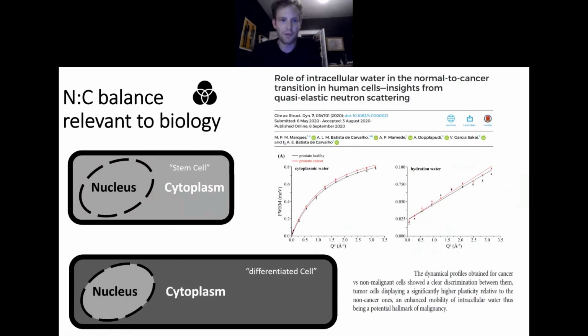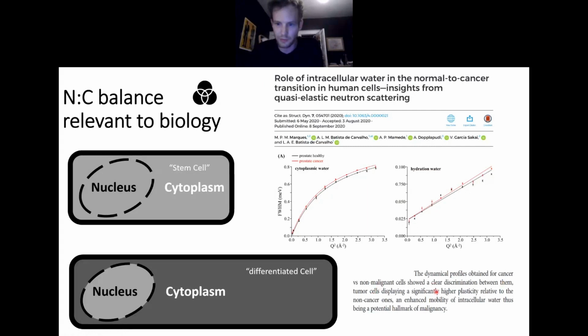And in fact, people have gone a little bit farther to show this. In this paper titled Role of Intracellular Water in the Normal to Cancer Transition in Human Cells, Insights from Quasi-Elastic Neutron Scattering, this group looks at scattering of cytoplasmic water in healthy cells and cancer cells, and they find that the dynamical profiles obtained for cancer versus non-malignant cells showed a clear distinction between them.